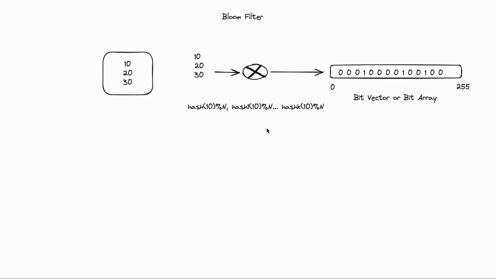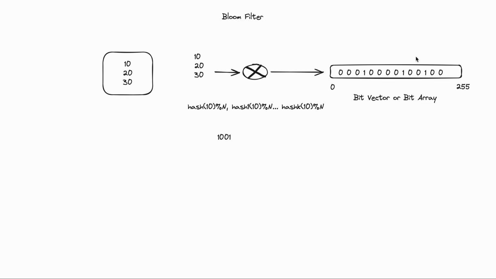Say we are adding one element, 1001, or any element. We will apply the k different hash functions, then set the bits to 1. Whenever we want to check whether the element 1001 exists, we will apply the k different hash functions and find whether the element exists in the set or not.